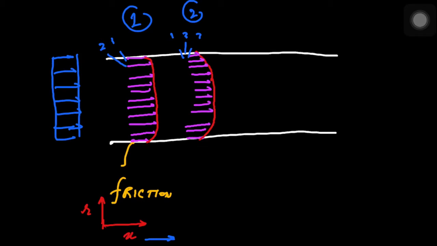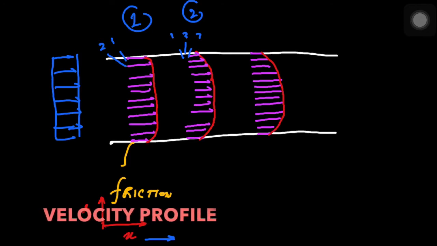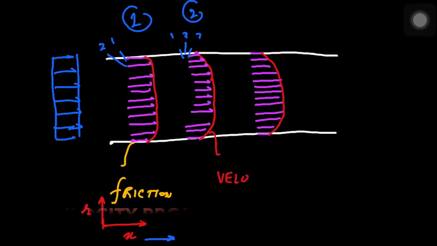As we move further, more particles are going to be dragged. Okay, so 3, then 4, then 5. Then the fifth remains constant, and then here also 1, 2, 3, 4, and then here is our velocity profile. Okay, so this is called the velocity profile.